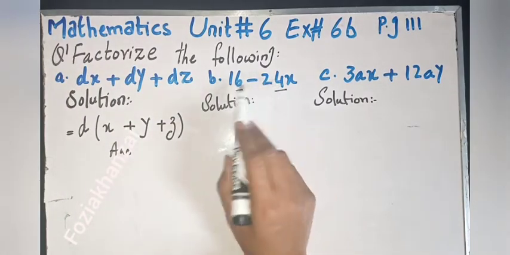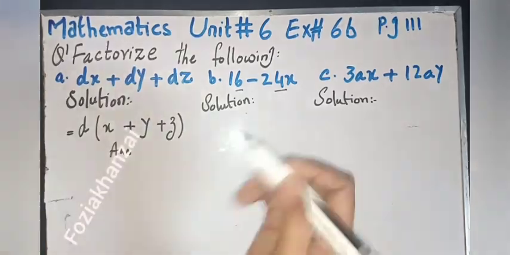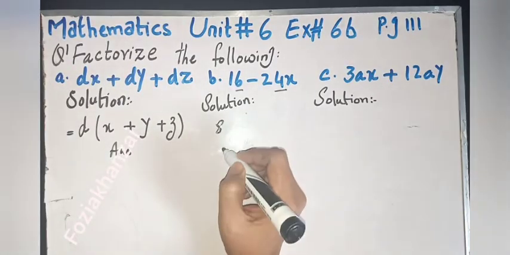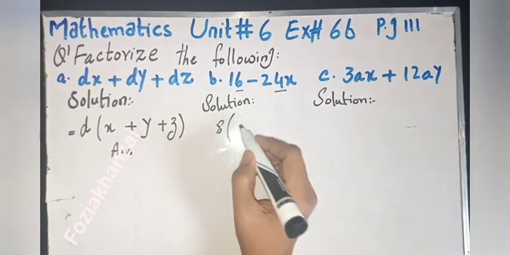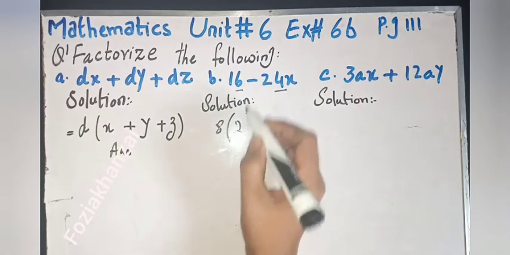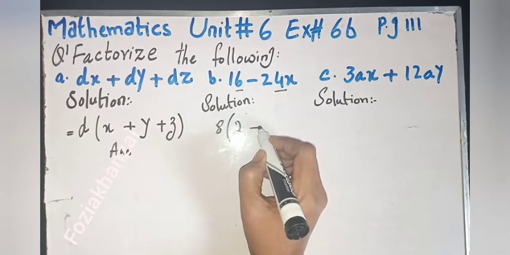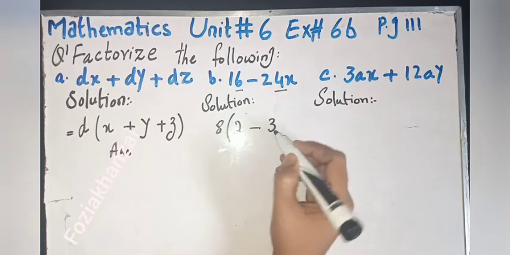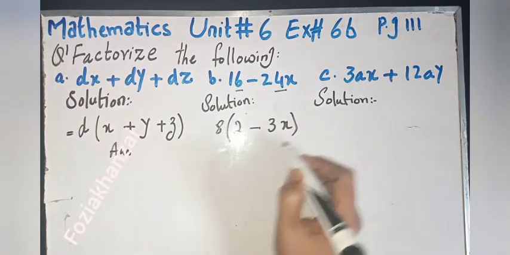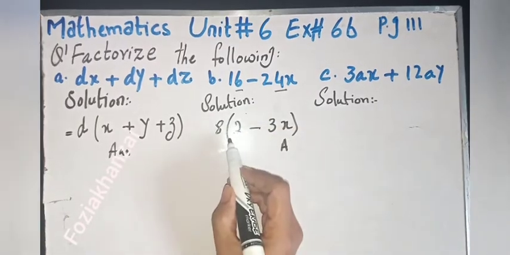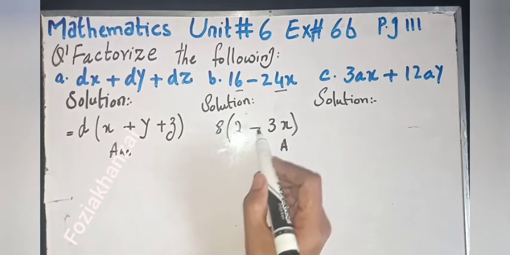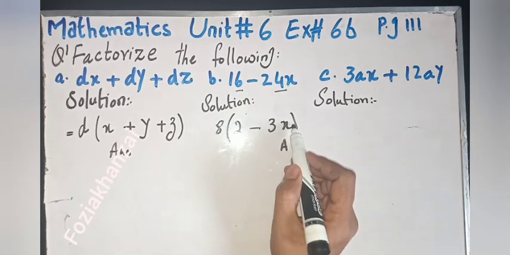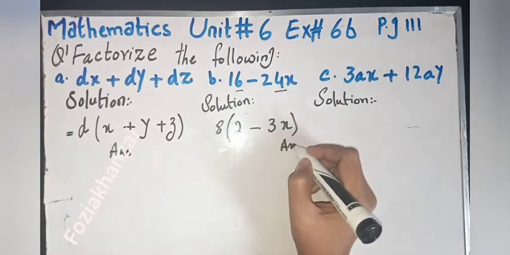So 8 is common, so it's a direct method. Common 8, 8 twos are 16, minus as it is copied down, 8 threes are 24x. 8, round bracket open, 2 minus 3x would be the answer of part B.